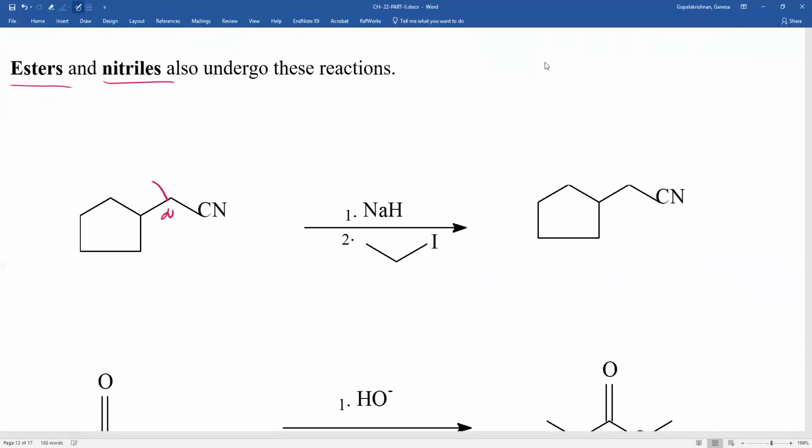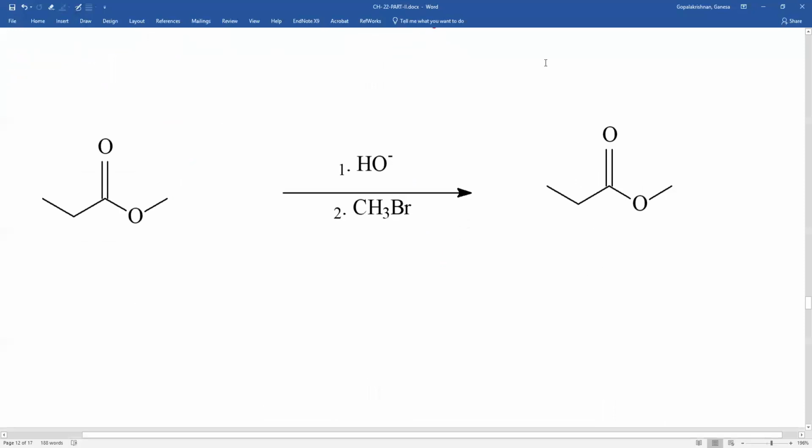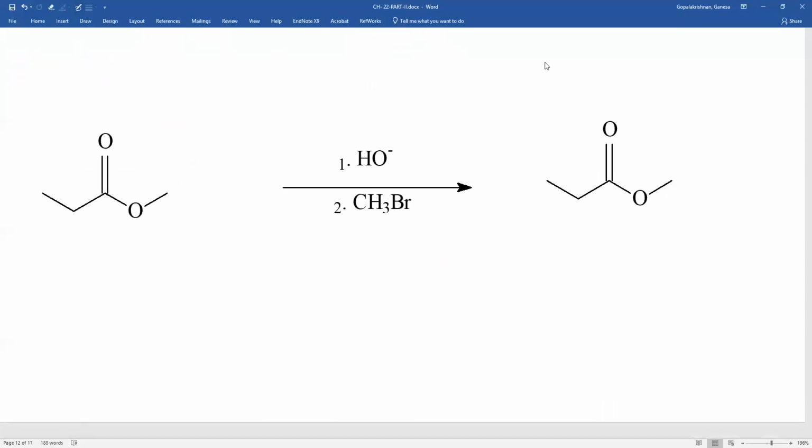These are alpha hydrogens. If you react with sodium hydride and this, it will replace one of them because it is alkylation. This is an ester. If you use the base and this, that is an alpha carbon which has two hydrogens. One of the hydrogens will be replaced by the alkyl group.